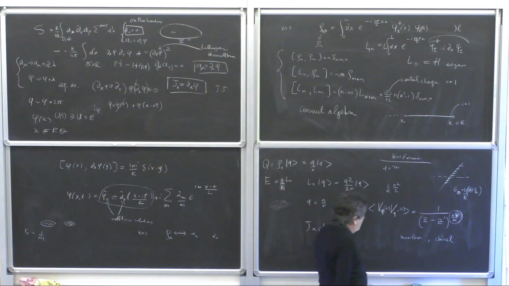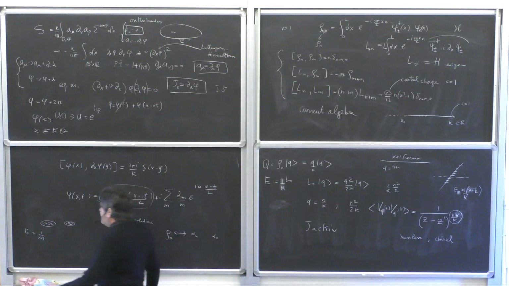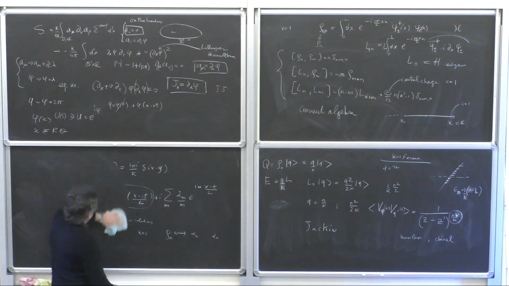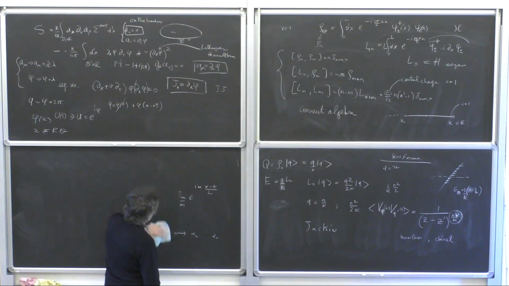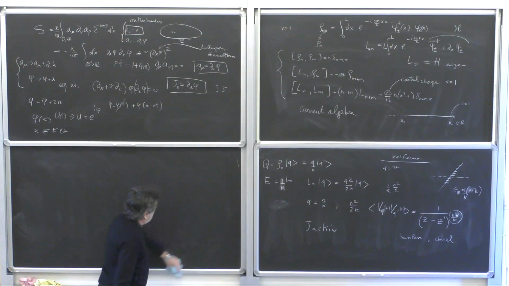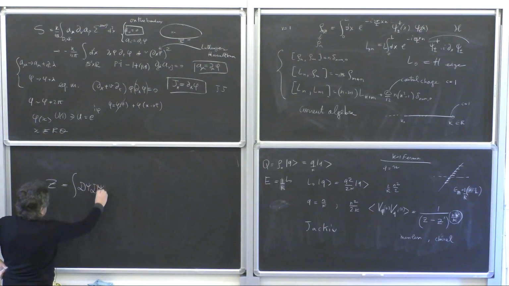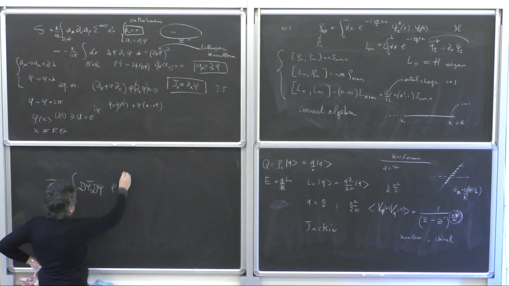Okay. So how do I get, I mean, a kind of heuristic argument to get this theory from microscopic? Well, you say, okay, let me take the path integral with fermions in the bulk.